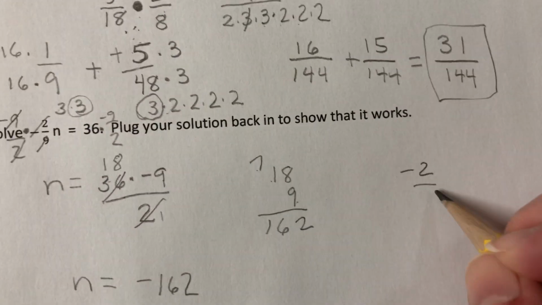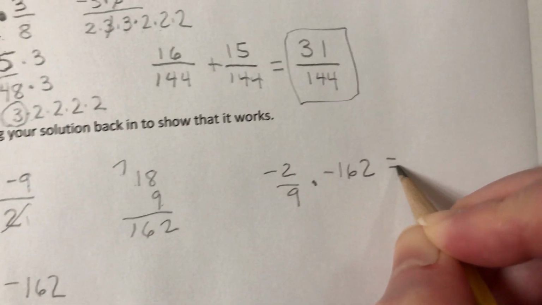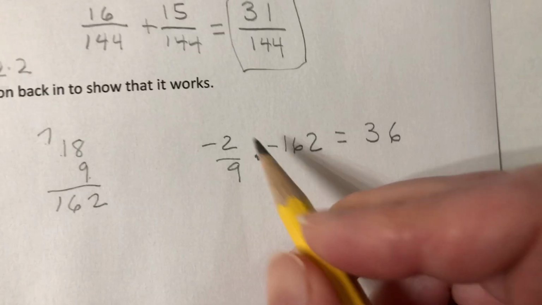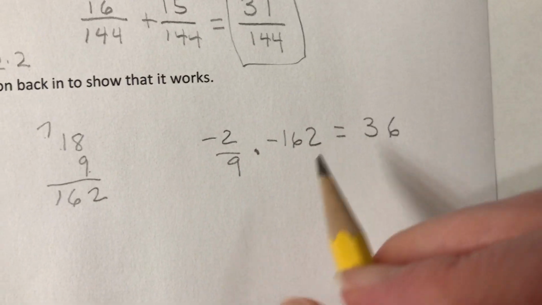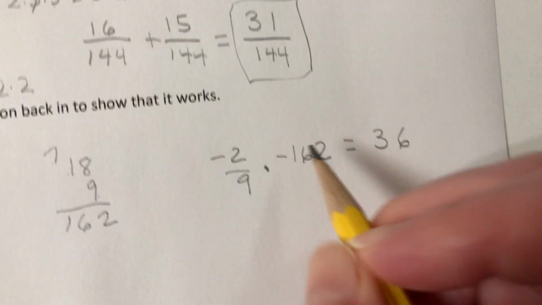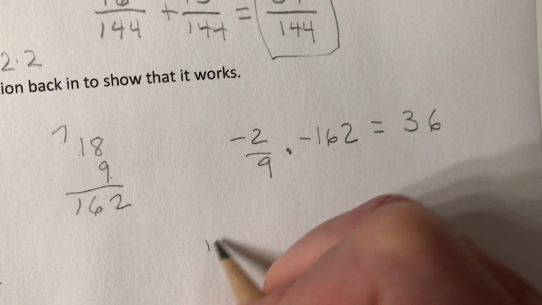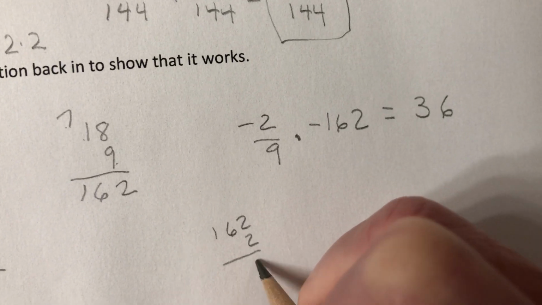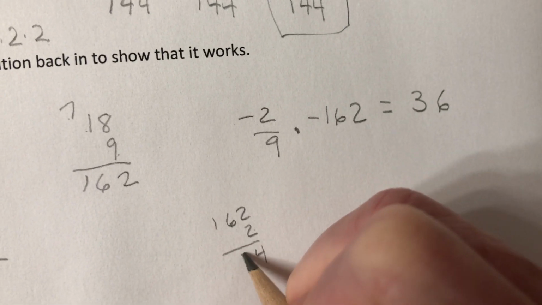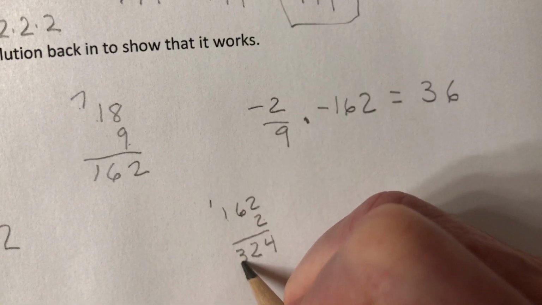So negative 2/9 times negative 162, does that equal 36? Well, a negative times a negative is a positive, and you can do this in more than one way. 2 times 162, you can do 162 times 2, that's 4. 6 times 2 is 12, carry the 1. 2 plus 1 is 3.